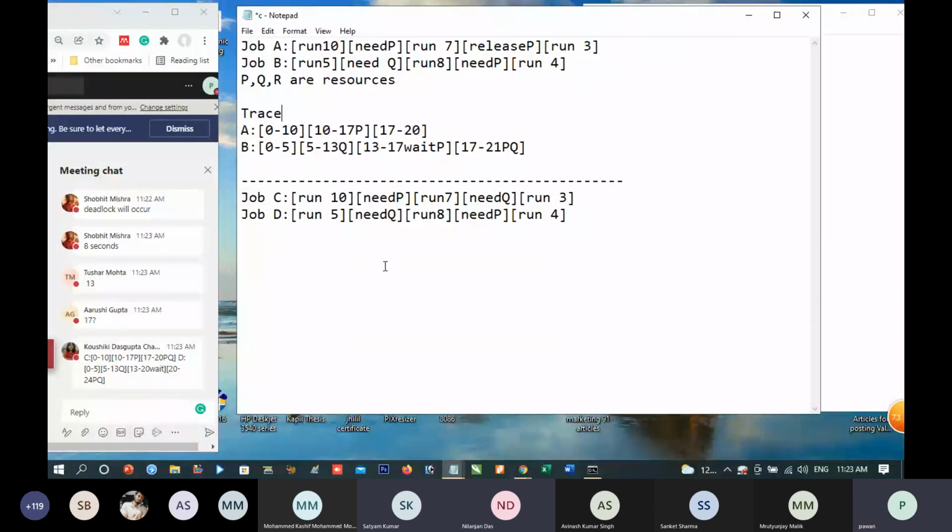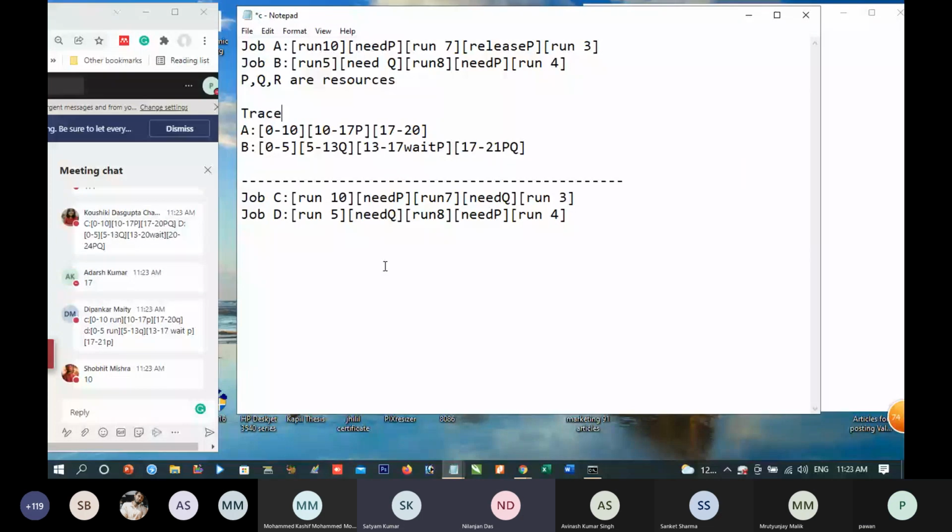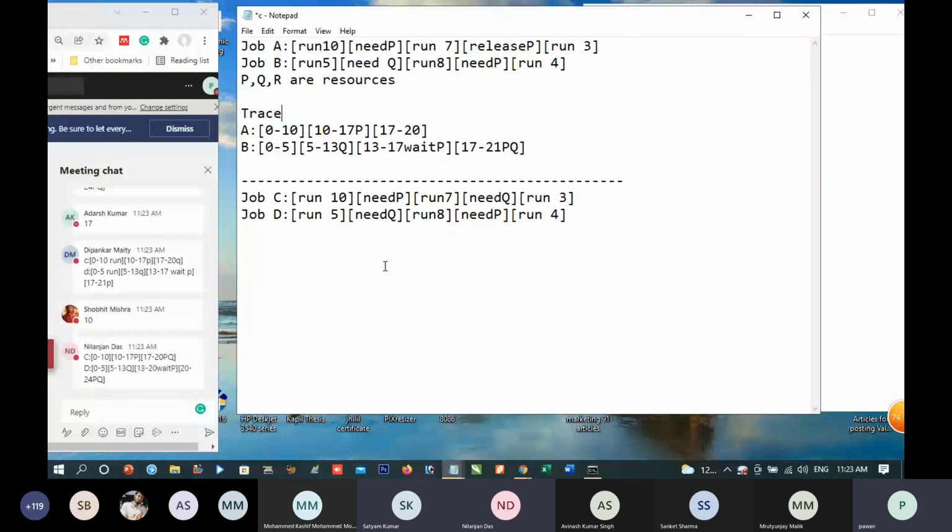Das Gupta, you are also wrong. Others, partially correct. Sohbit Misra, 10. Yes, Sohbit Misra is 10.